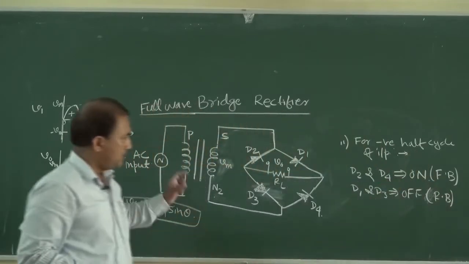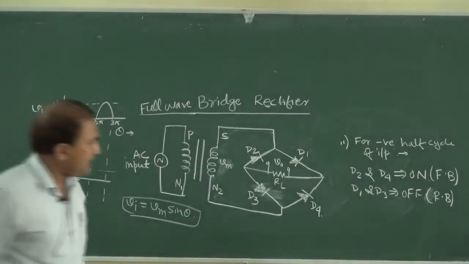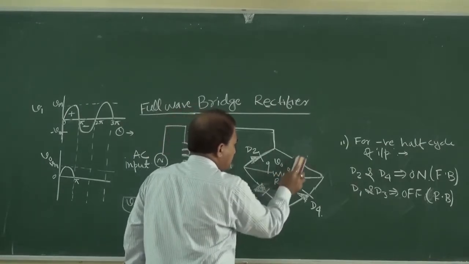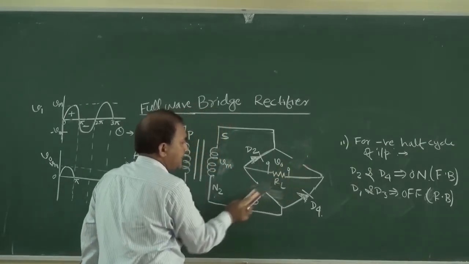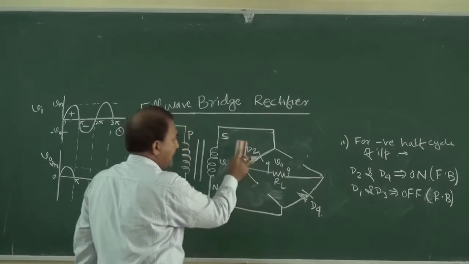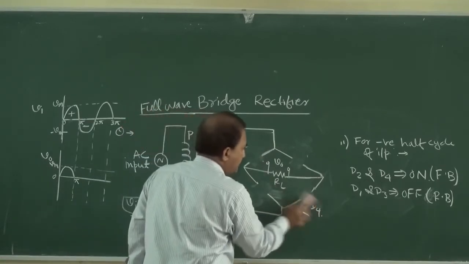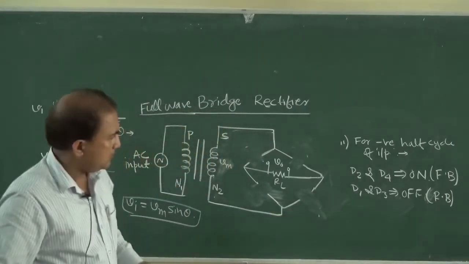So we can remove D1 and D3, and D2 and D4 will be shorted.